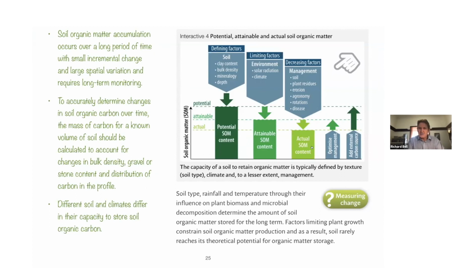So in most cases, what we're looking at is changing management to increase from actual to attainable soil organic matter content. We probably can't go to the potential organic matter content unless we're in a system that's applying a lot of organic inputs such as compost, or we're changing the effective climate through irrigation.